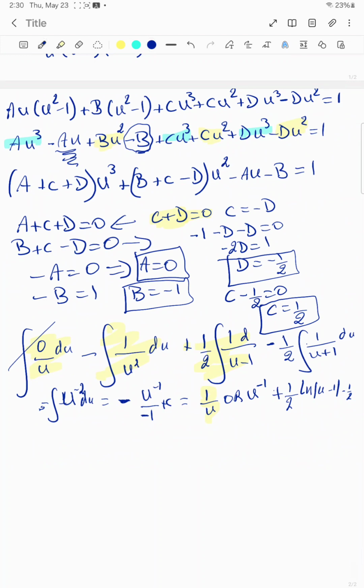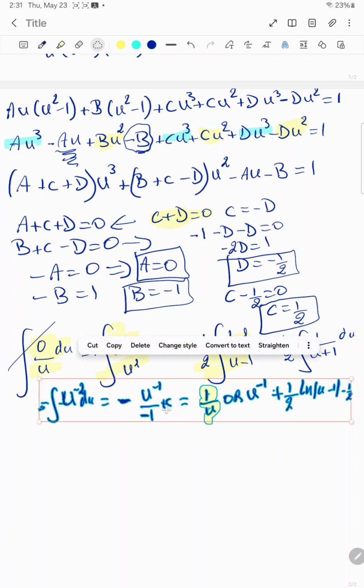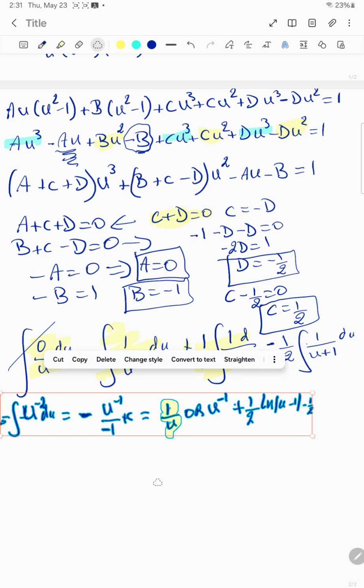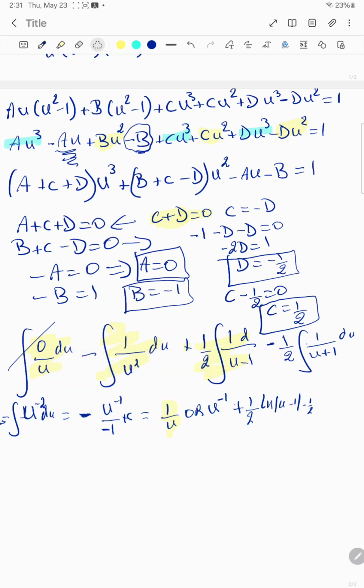So let's move it a little bit here. Minus 1/2 of ln u plus 1, and all that plus c. I will add the plus c at the end.